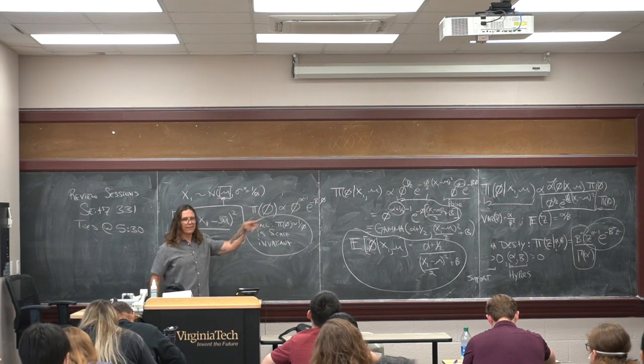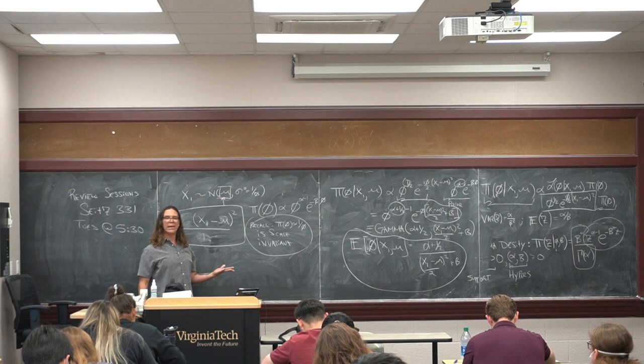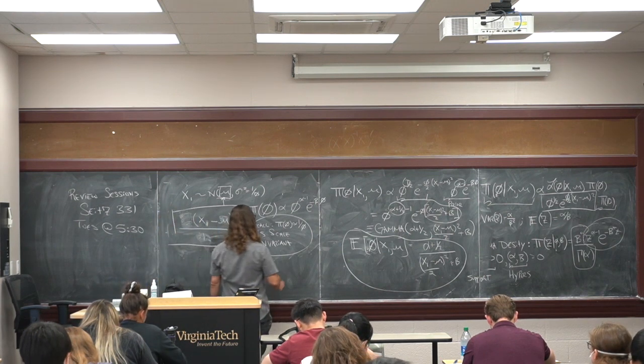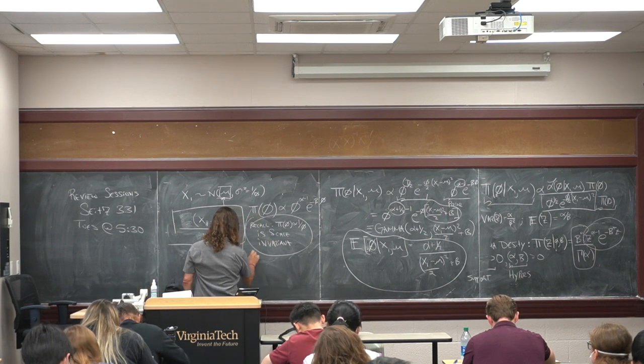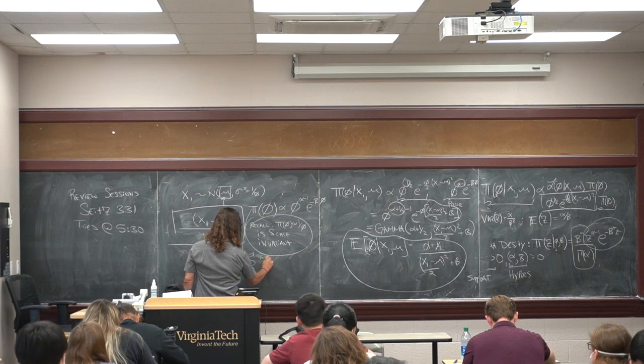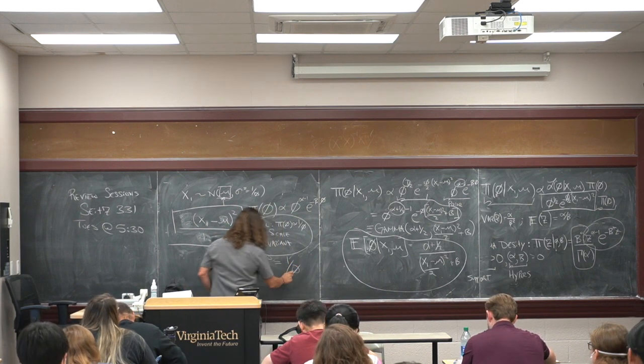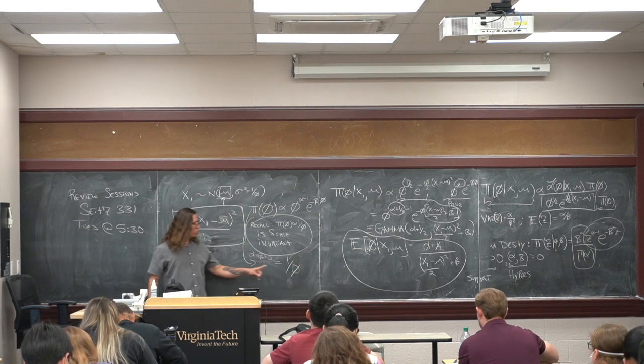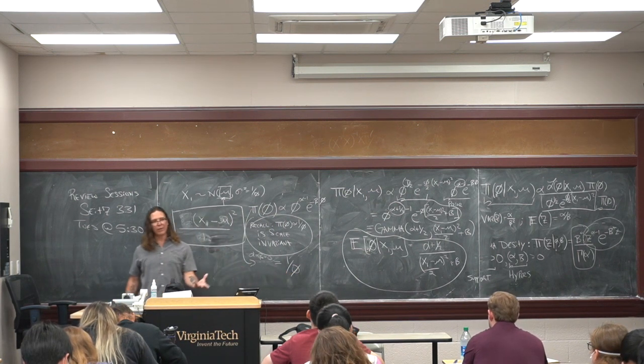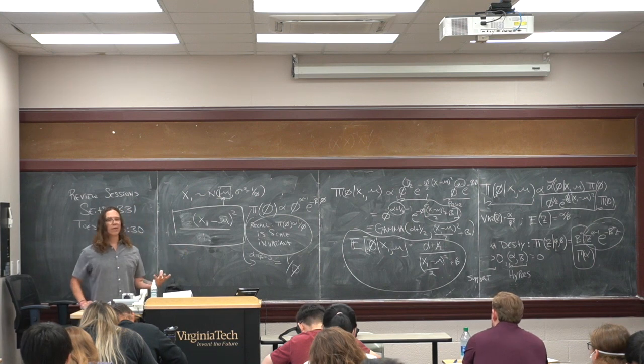So that kind of looks like this if I have certain choices of alpha and beta. With alpha equal to beta equal to 0, this is going to be equal to 1 over phi. So this prior right here, the scale invariant prior, is a limit of the conjugate prior.